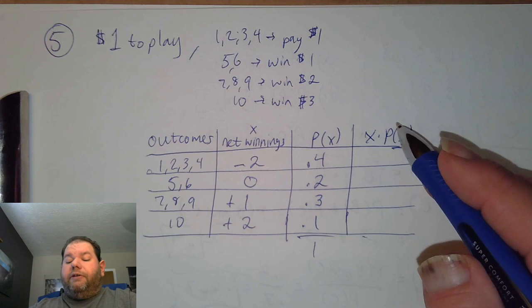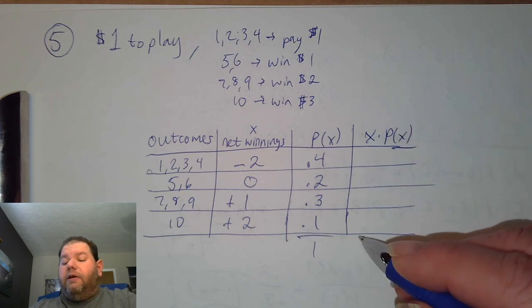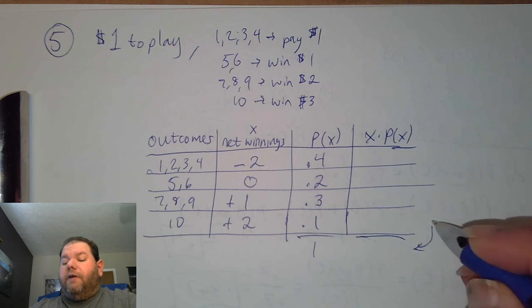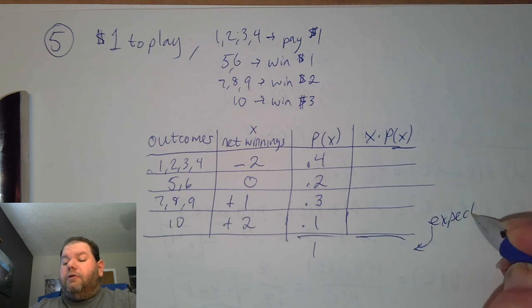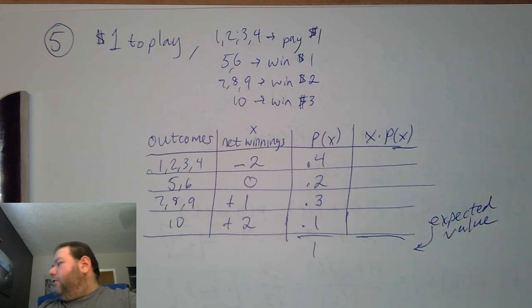And we need to calculate this last column, because what this last column is going to allow us to find is the expected value, once we add those numbers together.